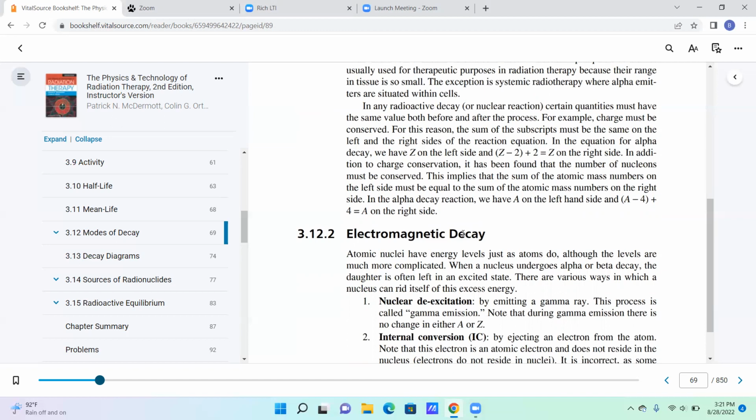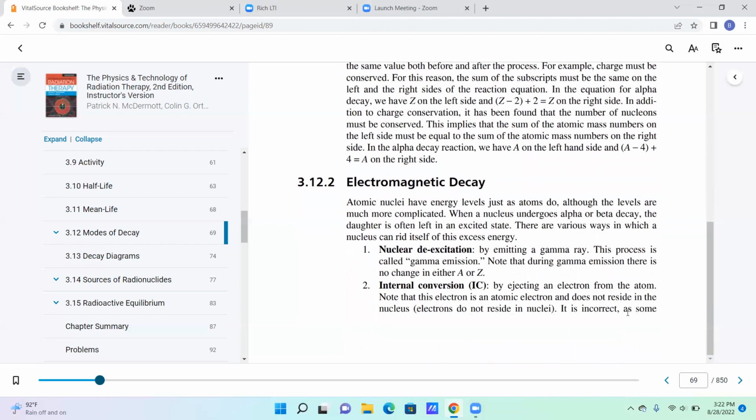In the equation for alpha decay, we have Z on the left side and Z on the right side, but you'll see how they are written differently. In addition to charge conservation, it's been found that the total number of nucleons must be conserved. So you'll have A on the left-hand side, and then A minus 4 plus 4 on the right-hand side, if you account for everything that's being delivered. So that's alpha decay.